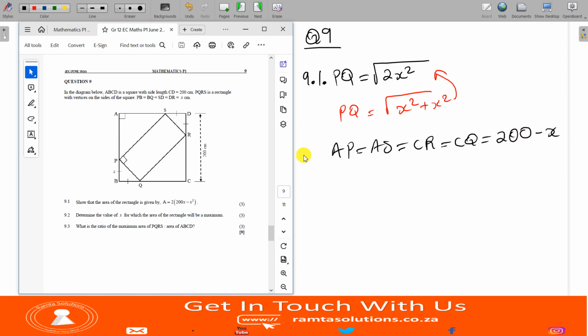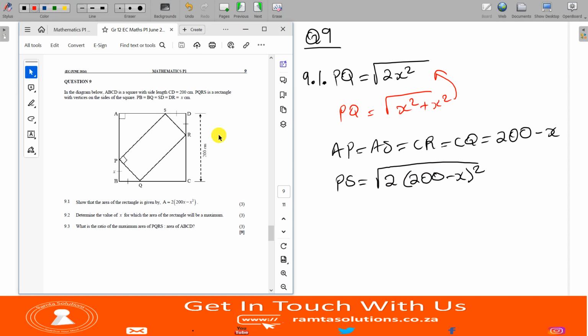Therefore, you should agree with me when I say that we can say PS, somebody remembers the chocolate, PS will be this guy squared plus this guy squared. These are the same guys, so why don't we say it's this guy? It's 2, and then 200 minus x all squared.